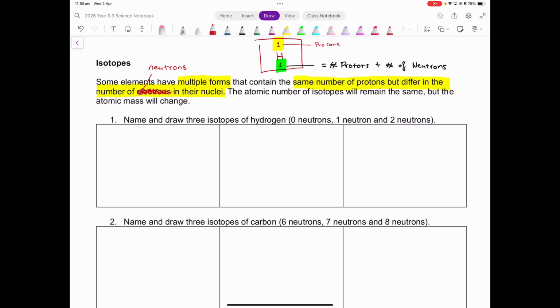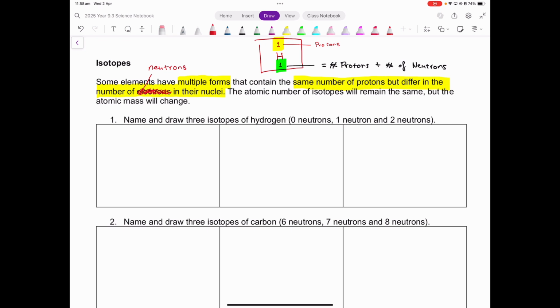So that should be, elements have multiple forms, okay? They have the same number of protons, but they have different numbers of neutrons. Now this word here, in their nuclei, means in the nucleus. The atomic number of isotopes is always going to be the same, okay? But the atomic mass will change.